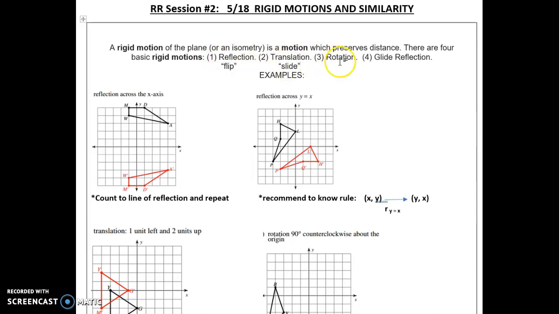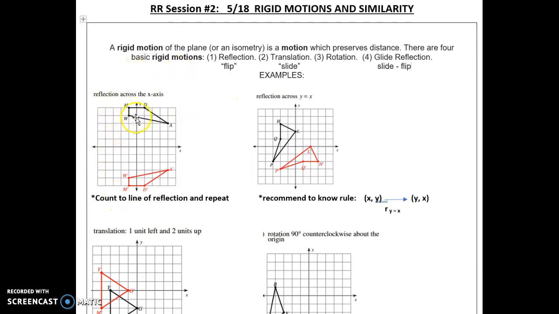Rotation, most of us know, is a turn. A glide reflection is a slide and then a flip, and it kind of tells us that in the name. We don't do a lot with glide reflections, but it is just what it sounds like, a slide and then a flip over. I would recommend that you graph what a reflection looks like.